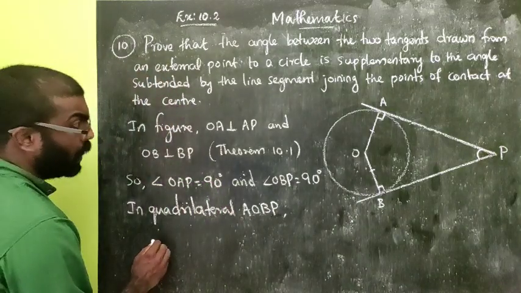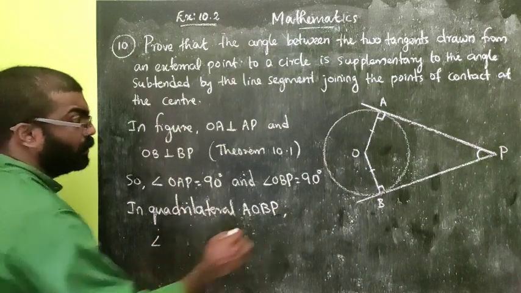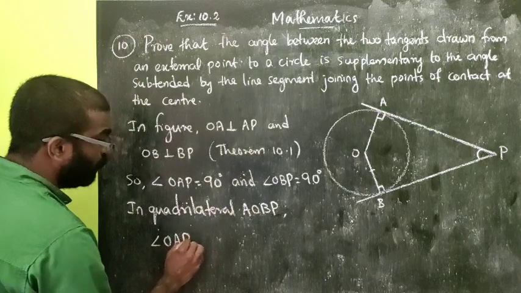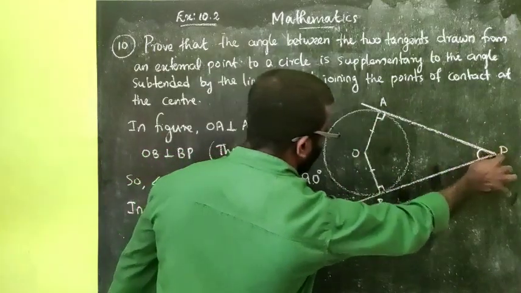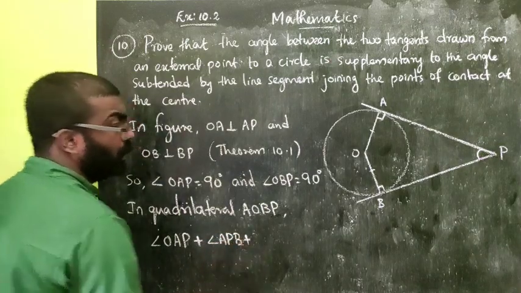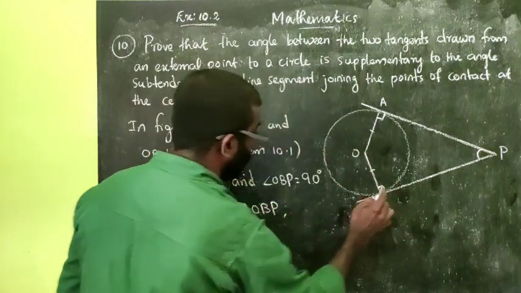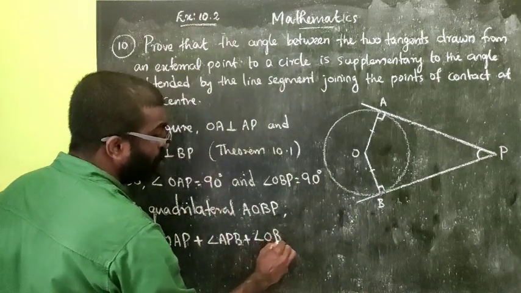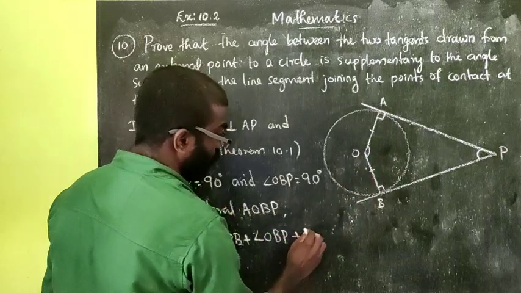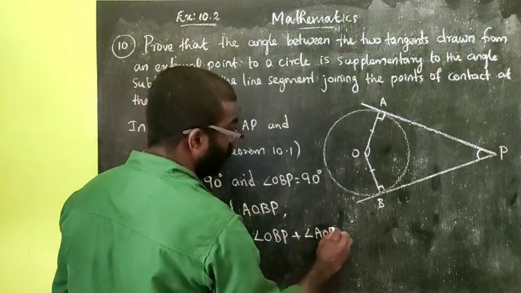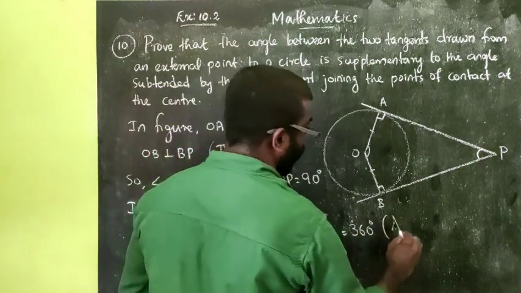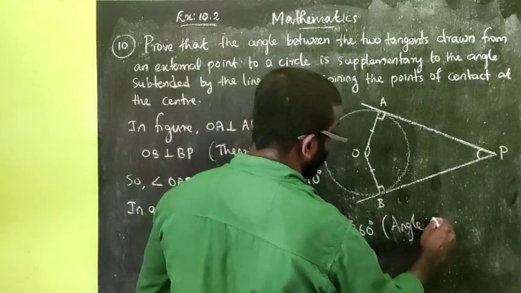So here we can write angle OAP plus angle APB plus angle OBP plus angle AOB will be equal to 360 degree using angle sum property of a quadrilateral.